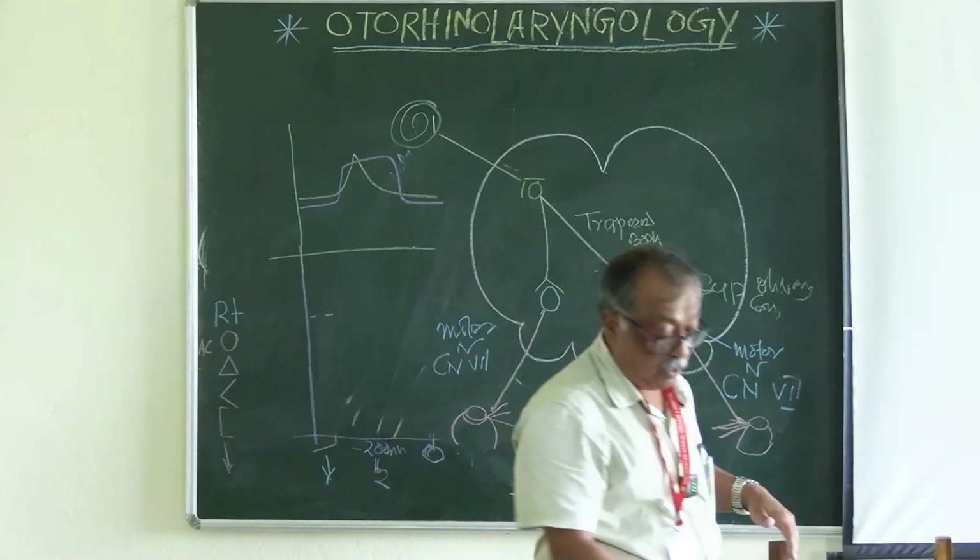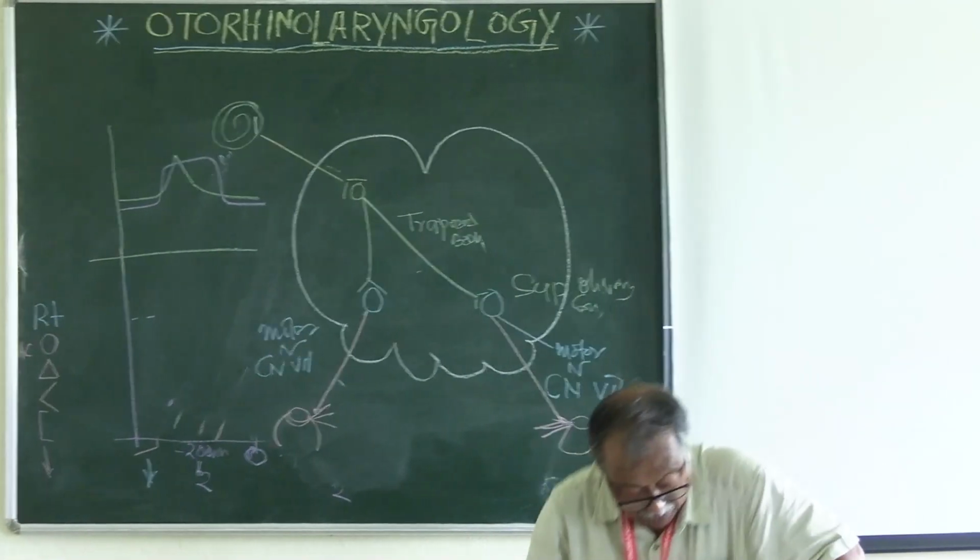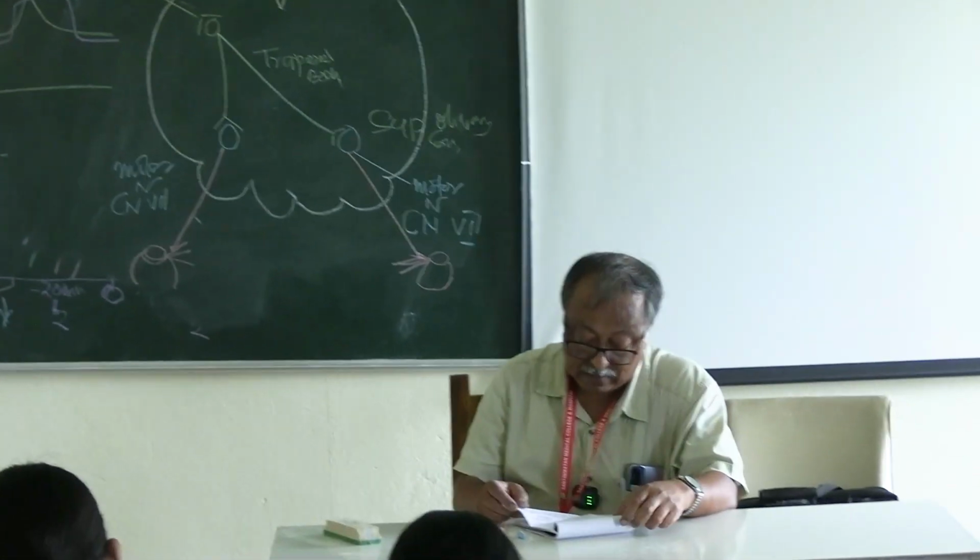Or how it is interpreted and what disease is interpreted by that curve. If there is an infant, this objective test is very much required. To identify the hearing loss, the stapedial reflex test is required.